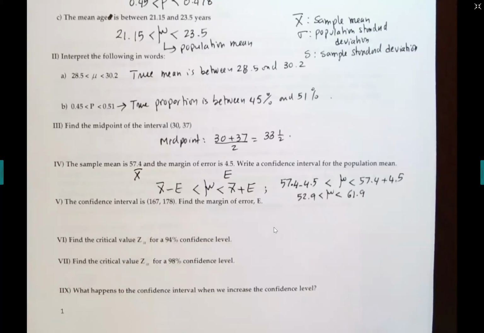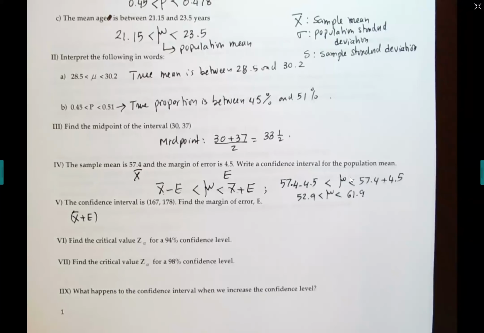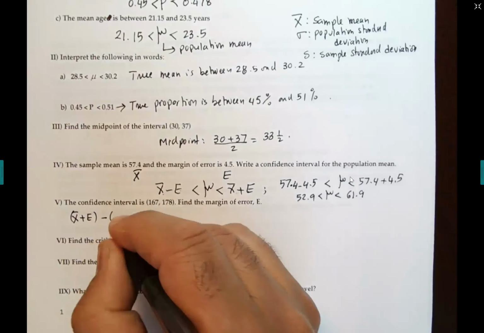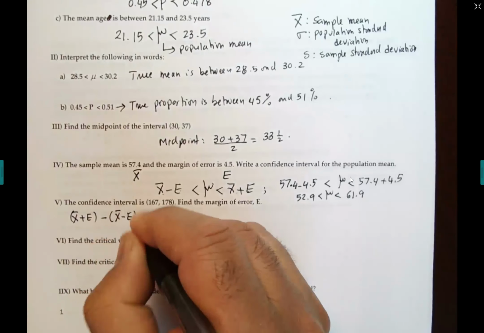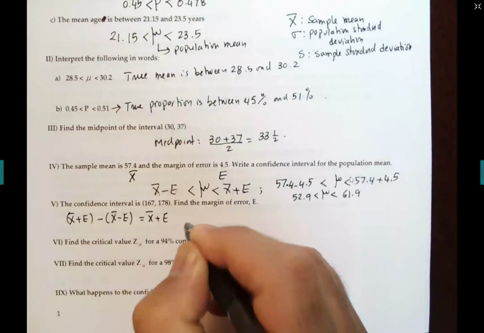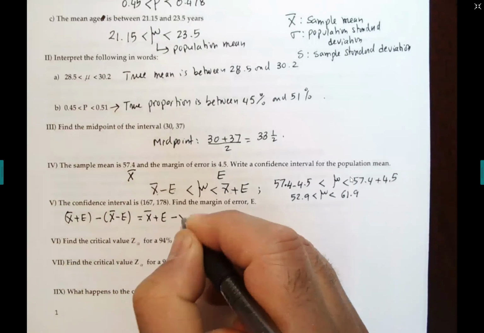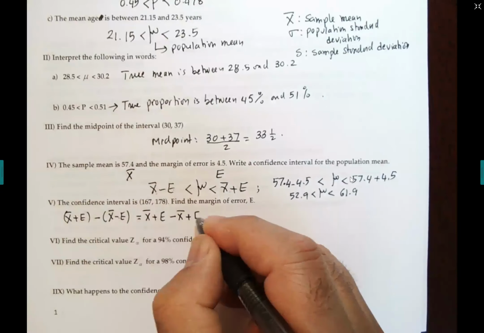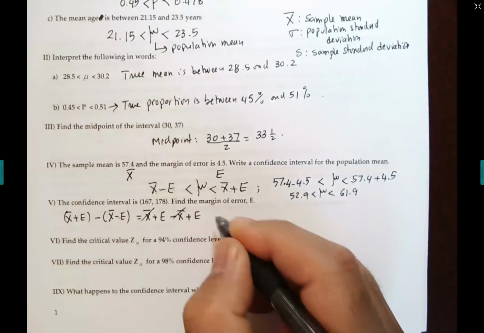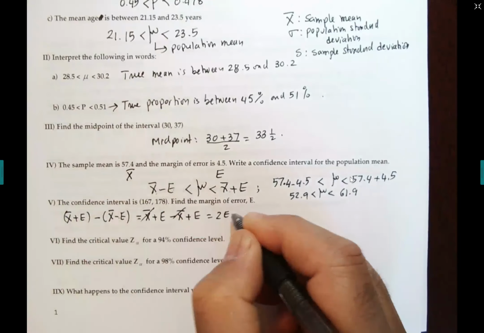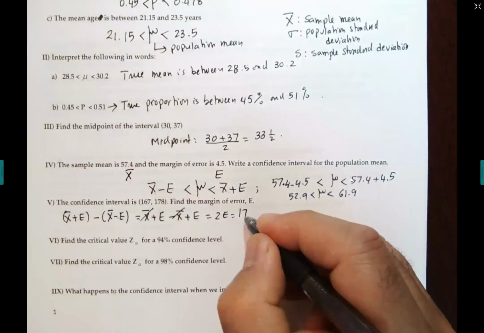You got to do something with the lower limit and the upper limit. X bar plus E minus X bar minus E. It will be X bar plus E minus X bar, and minus with the minus, guys, will be plus. X bar minus X bar cancels out, so you get 2E, which is 178 minus 167.